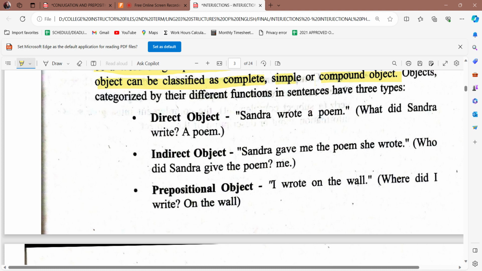And prepositional object can be seen after the preposition, so it answers where. For example, I wrote on the wall. So where did I write? On the wall. Prepositional object there is on the wall, since again prepositional object can be seen after a preposition.